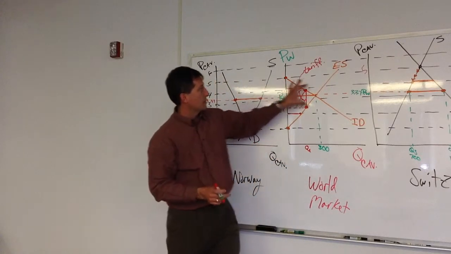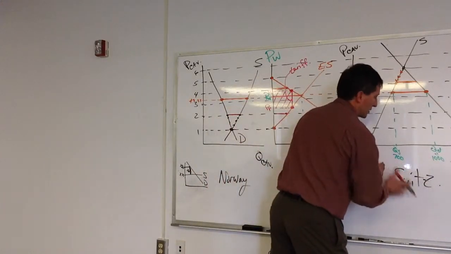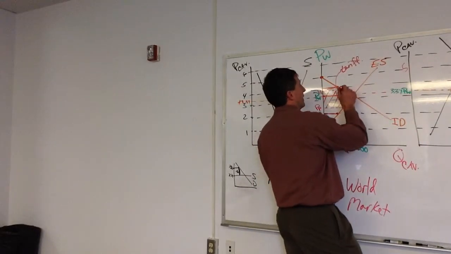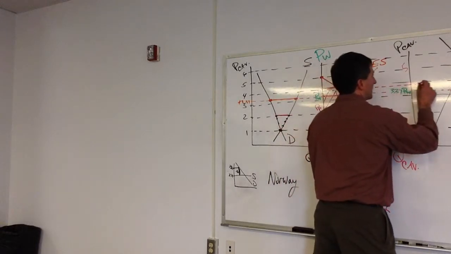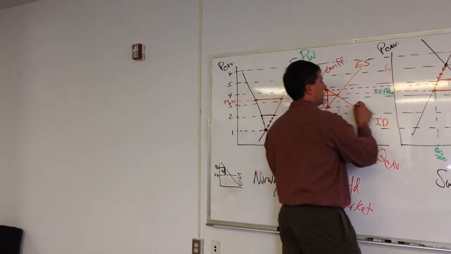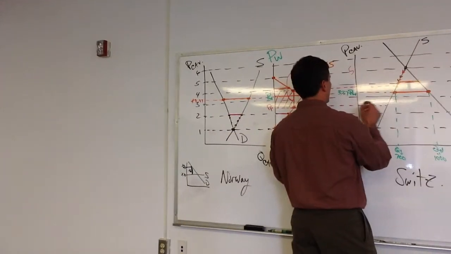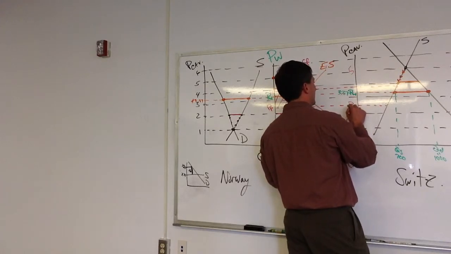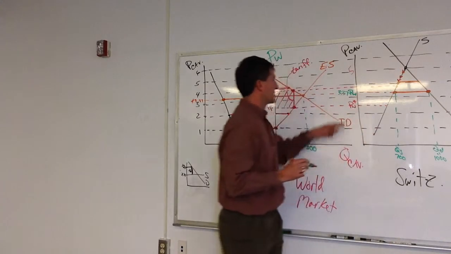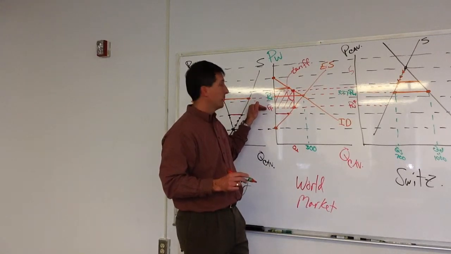And so how that translates over here is we go back to our large country, now being Switzerland. How is that going to impact the market? We're going to see a difference here on the price. The book calls it PW star, like how the world prices have been driven down.